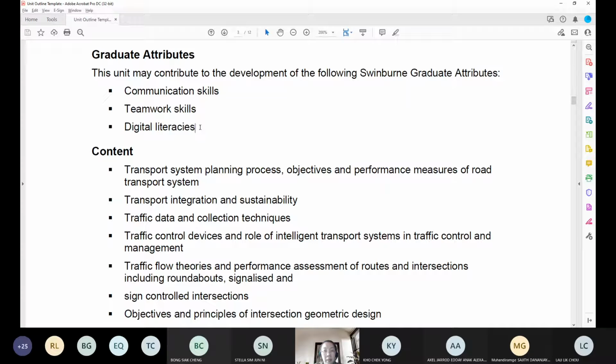Digital literacies can come in many forms. Okay, one of it is the software, definitely, but apart from that, it's also searching for information, looking for reliable information online, using your skills using your Microsoft Office products, your Words, Excel, how you analyze data, and so on and so forth, right?